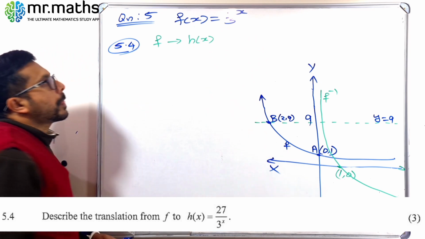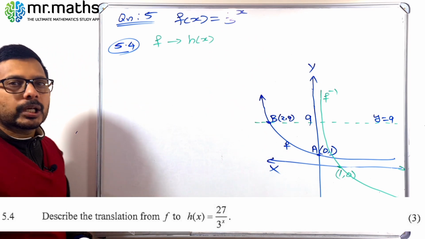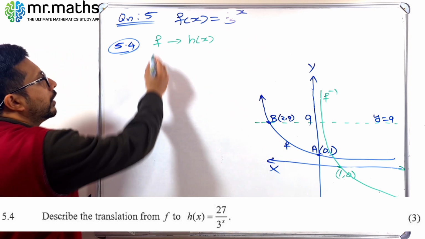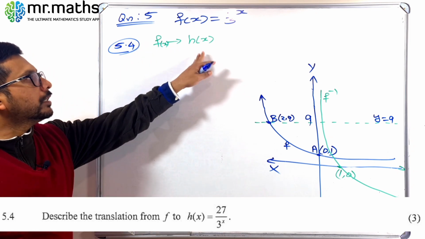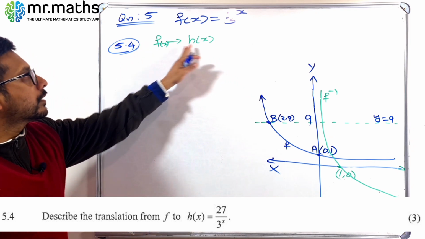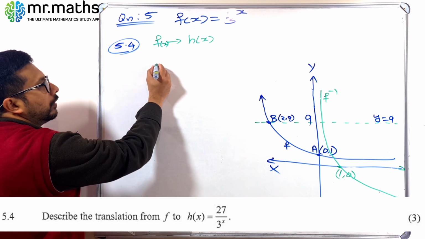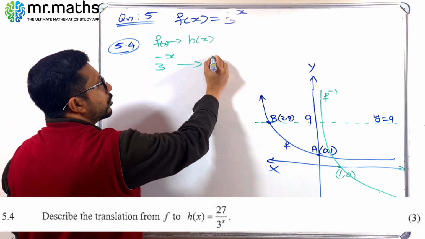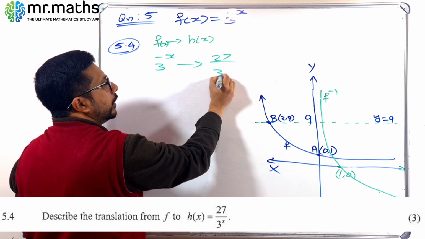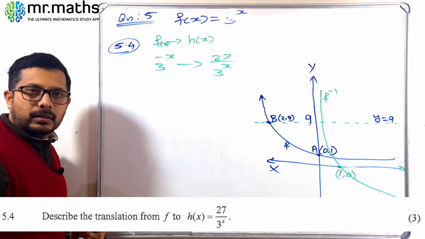Okay, so anyway, you have to describe the transformation from f of x to h of x. And what is this h of x? And what is f of x? 3 raised to minus x, am I right? And what is h of x? 27 divided by 3 raised to x.